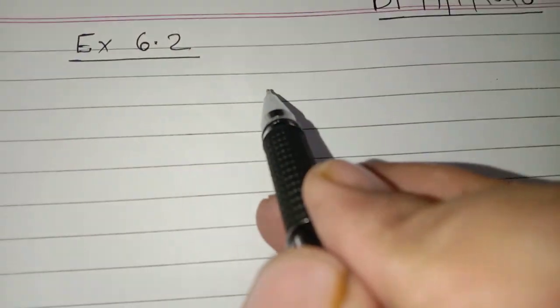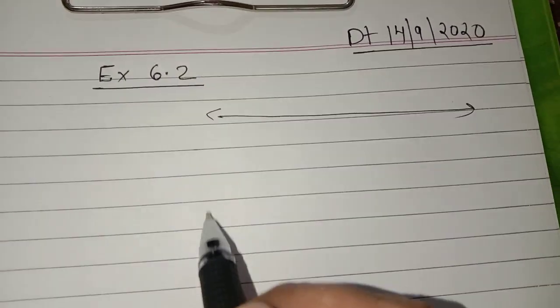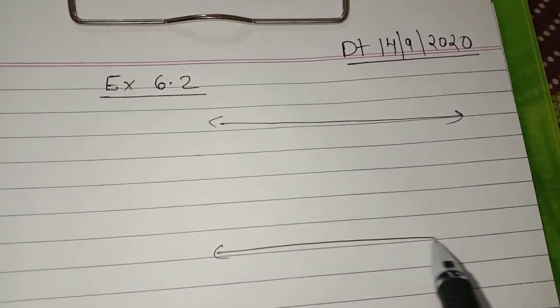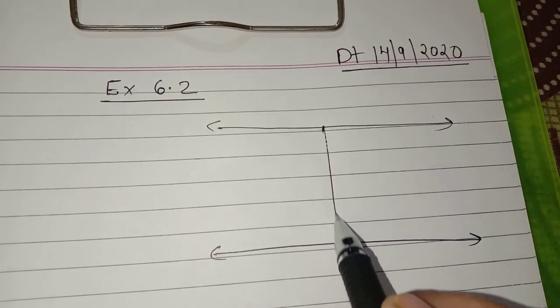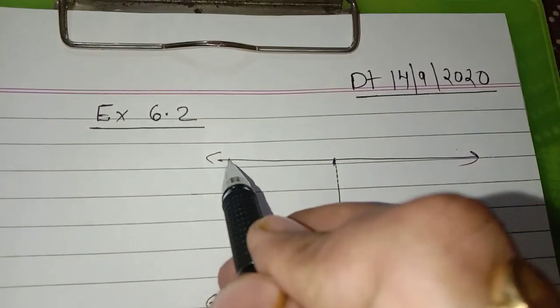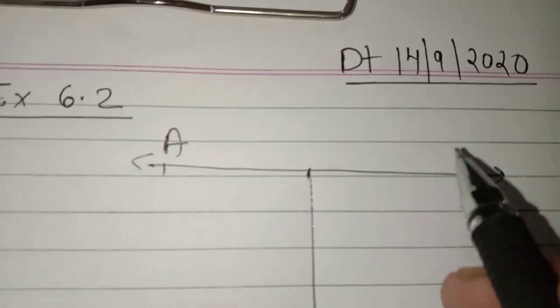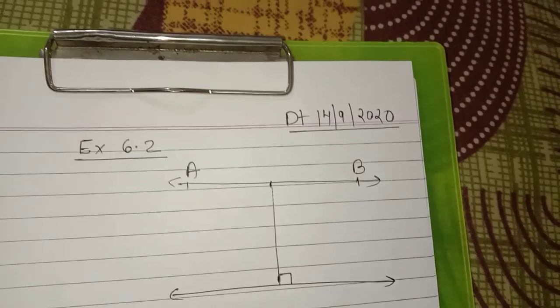A diagram is made here. I'm just making it for you. Two lines are parallel to each other and a segment is perpendicular between them. The two lines are AB and CD.